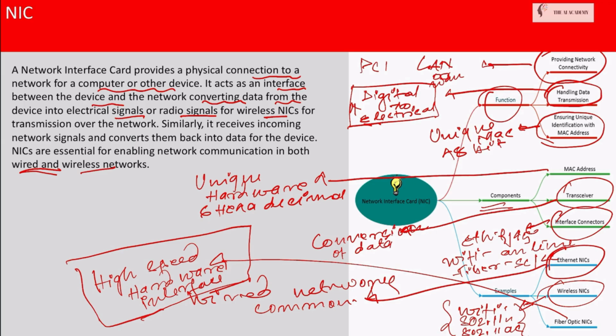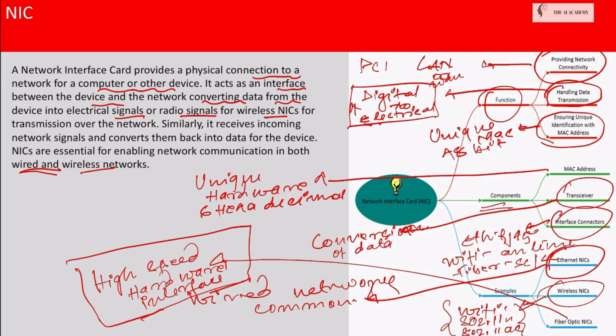NICs are essential components for enabling network connectivity in both wired and wireless networks. By providing a physical connection to the network and converting data into appropriate signals for transmission, NICs facilitate communication between devices and the network. Understanding the components and functionality of NICs helps explain how they perform their tasks effectively.